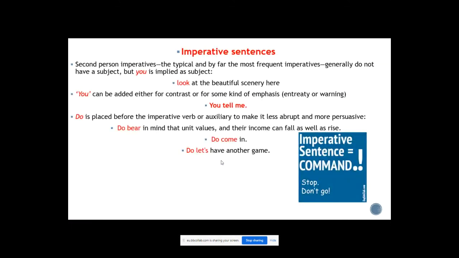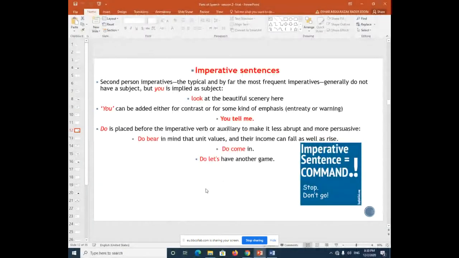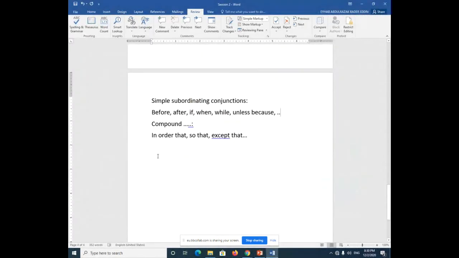Now here I think it's also important. We know that let's is used here, for example, let's play football, right? If you want to make it negative, actually we have two ways.